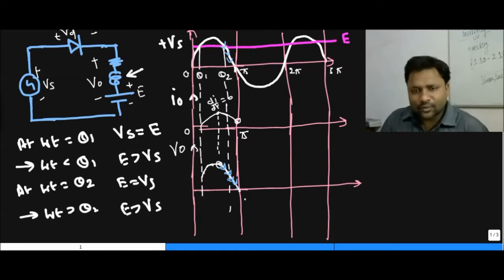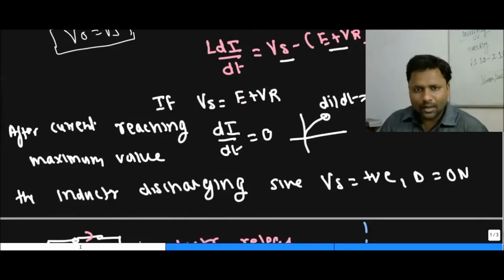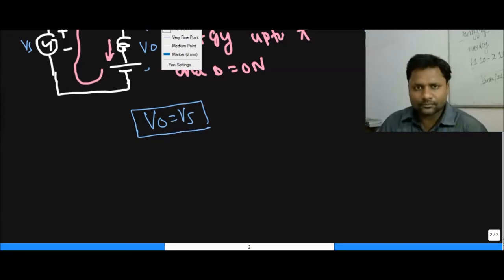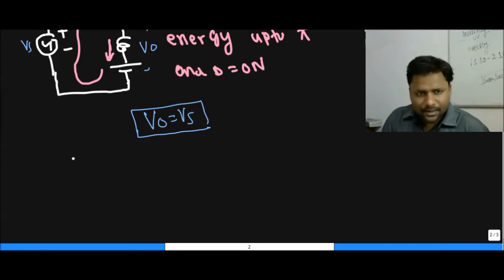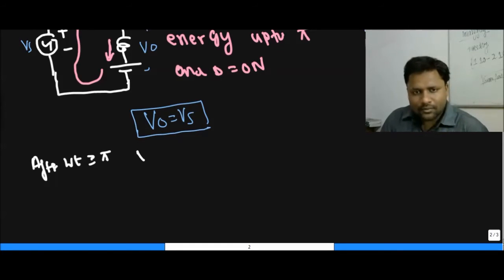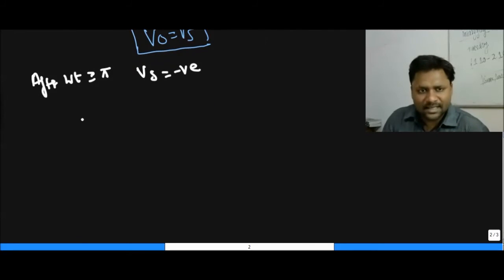Now, what will happen at omega t equal to pi or greater than that, we have to learn. After omega t greater than or equal to pi, Vs becomes negative. So let's draw the circuit and make the analysis.